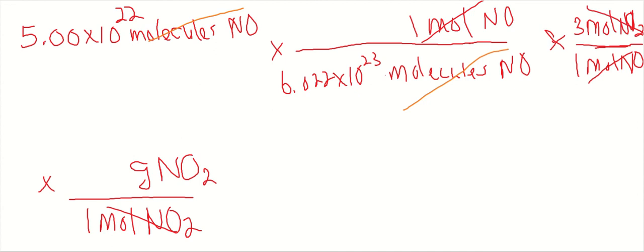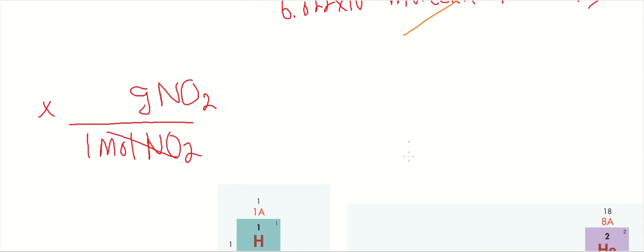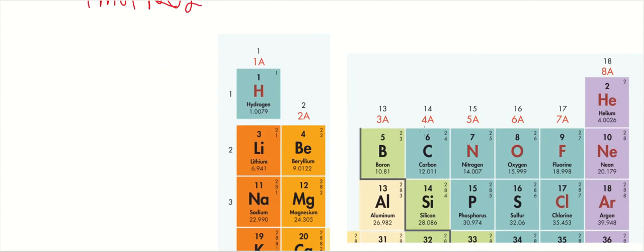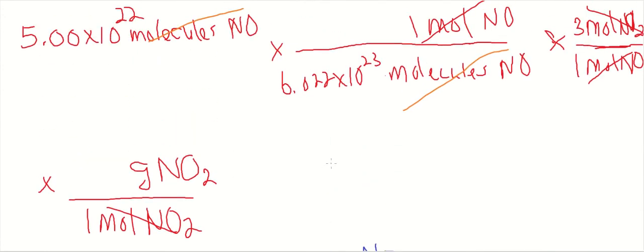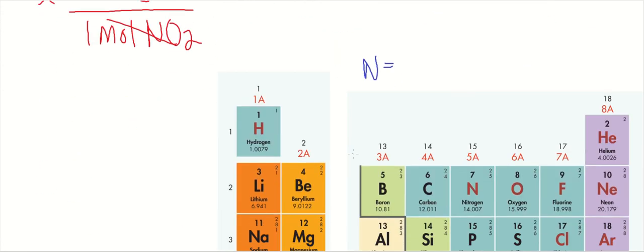All right, that's right. We need our periodic table. I've just copied and pasted portions of it from our textbook. NO2. Okay, we got N. We're given a value with 3 sig figs, so I'm just going to go to 4 digits here. N is right there.